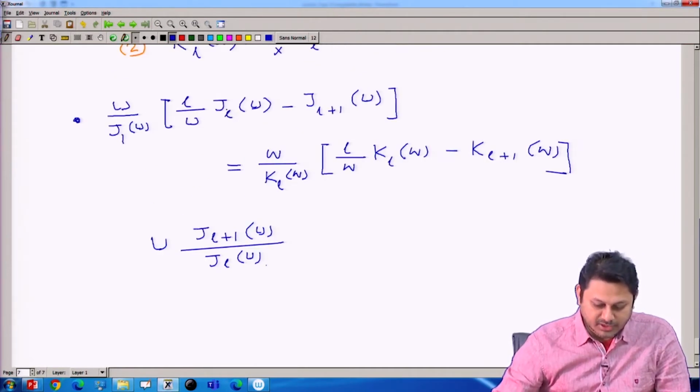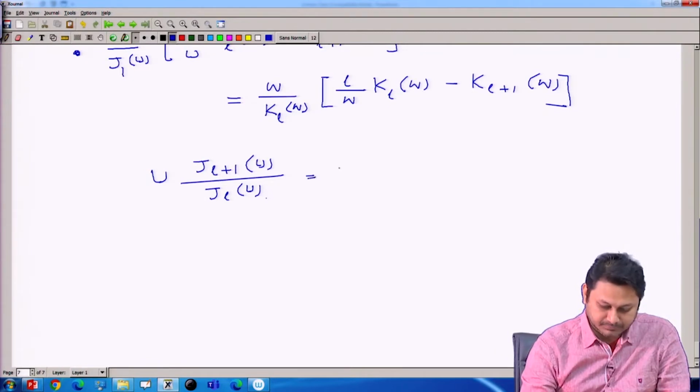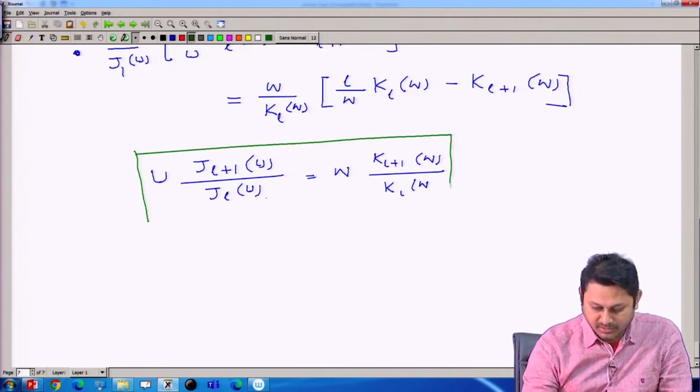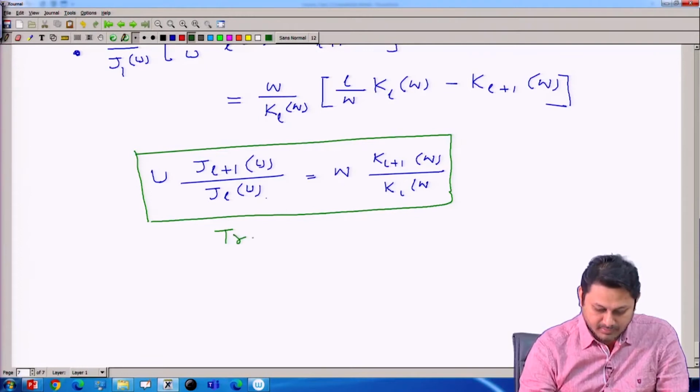The term U L J L J L, this term will be 1, the first term. Here also we have the first term 1, so that is going to cancel out. So I am going to have something like this. This is my new modified transcendental equation.